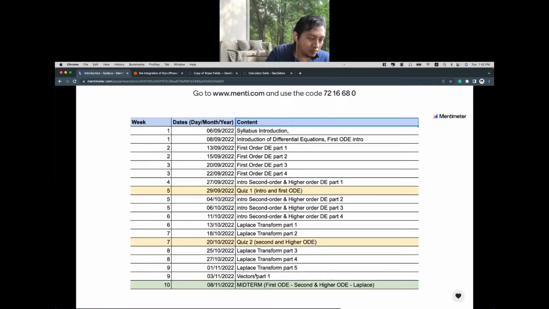And then we move to vectors, but on November 8th, I'm planning to have the midterm. So the midterm will include the first order, the second and higher order, and then Laplace. So these 3 big topics will be in the midterm. Okay. This vector part is just additional to fill in the weeks here, because it's just 1 hour.